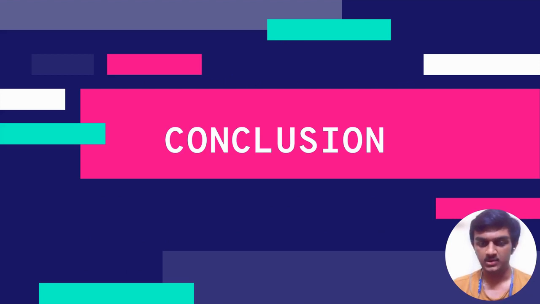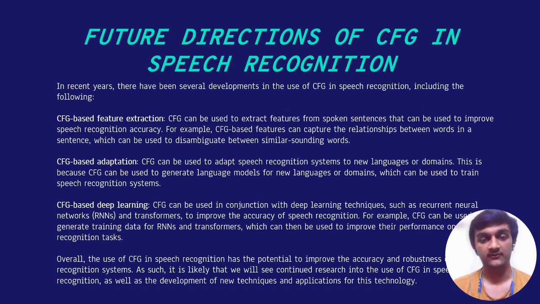Conclusion. In conclusion of this presentation, I'll be discussing the future aspects of CFG in speech recognition and summarize what we have learned. Future directions of CFG in speech recognition. CFG-based feature extraction is one of the major aspects of the future.